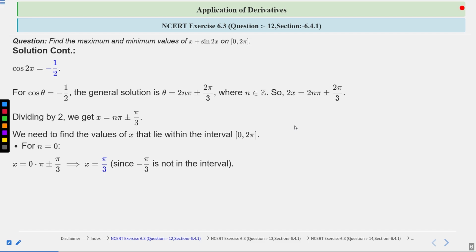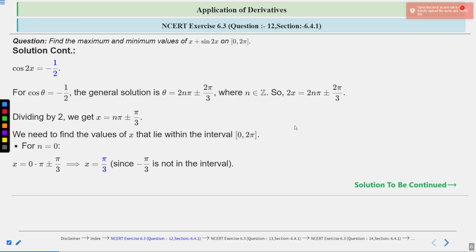Hence we can say that x is equal to pi by 3.